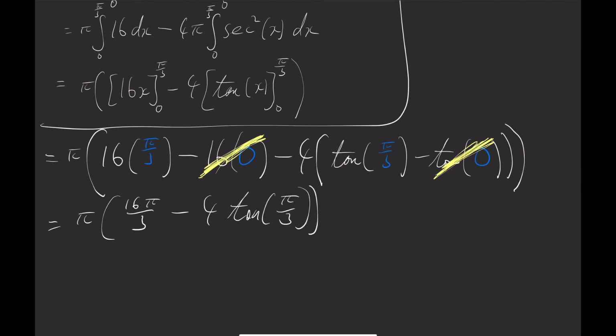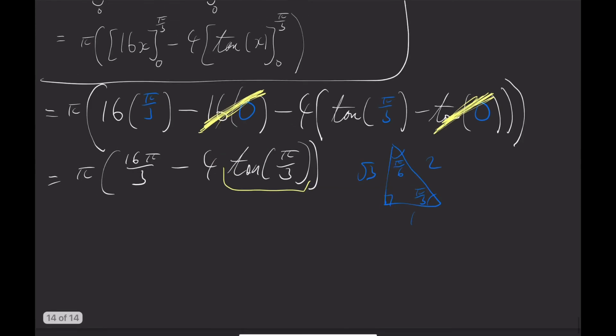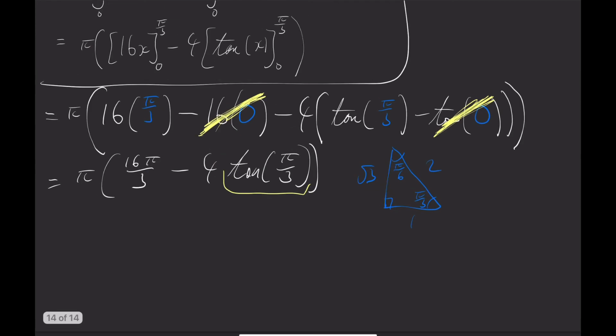I need to now find tan of pi on 3, so I mock up my exact value triangle. Some of you will be memorizing tables. I don't recommend that. I recommend learning where these values come from and using the triangles. Much more straightforward. So from this, tan of pi on 3, tan is opposite over adjacent, so this is root 3.